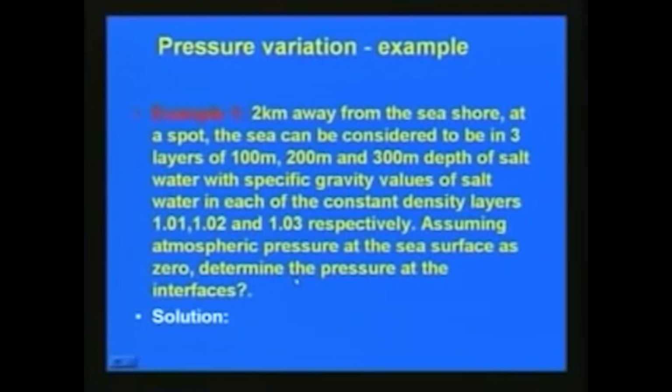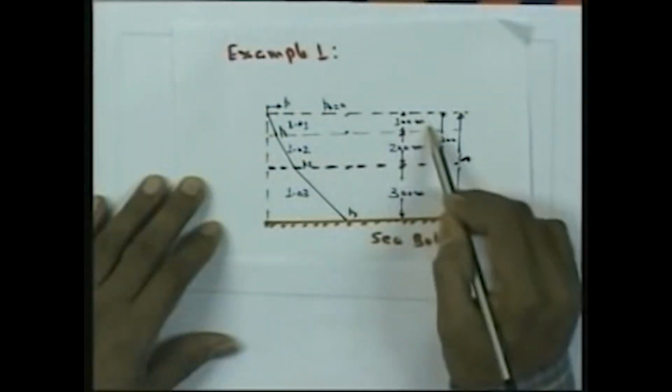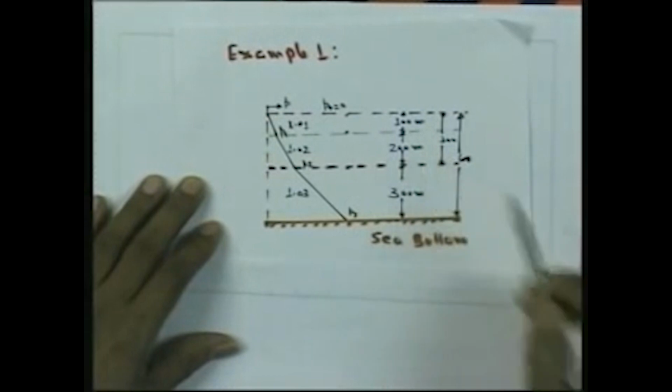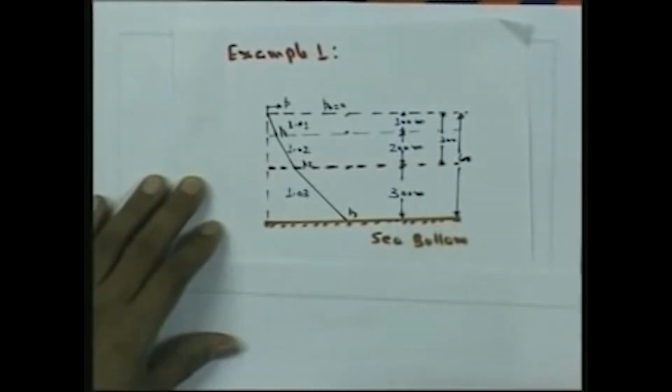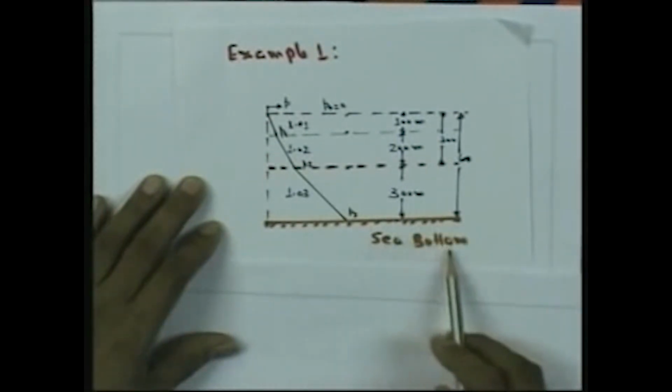I will demonstrate this problem with respect to this figure here. If the seashore is on this side, we are considering 2 kilometer away from the seashore, at a particular spot. Here you can see 3 layers. The first layer is about 100 meter, the second layer is 200 meter and the third layer is 300 meter, and this is the sea bed or sea bottom.